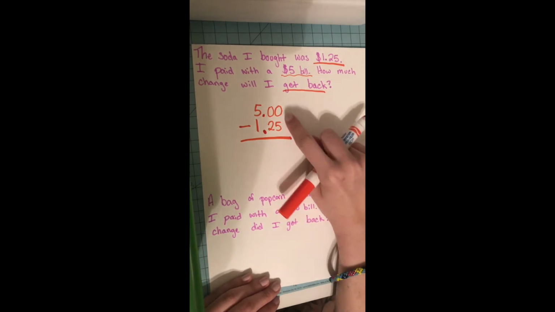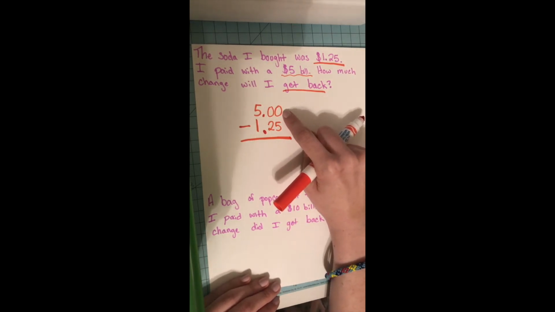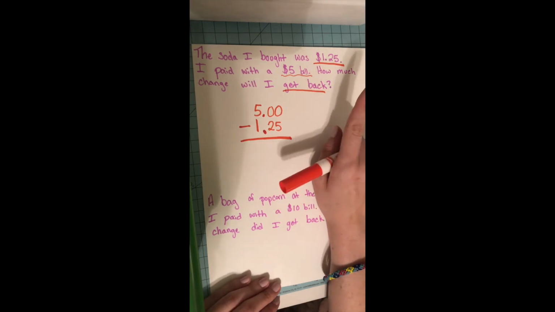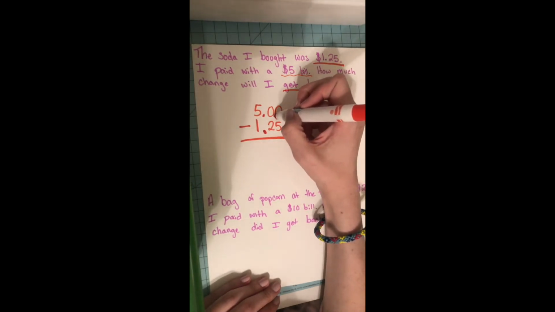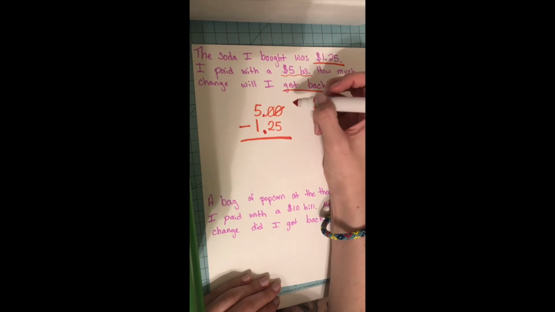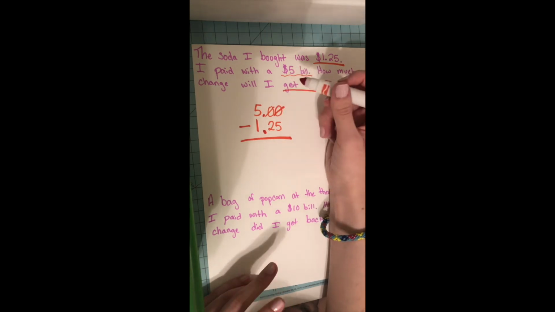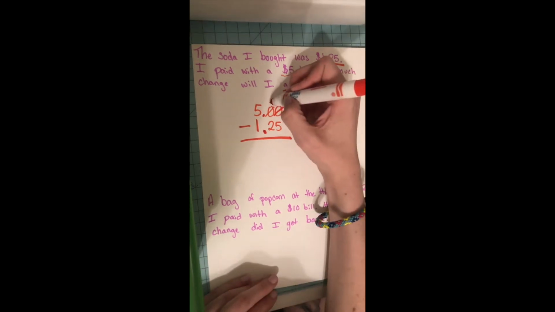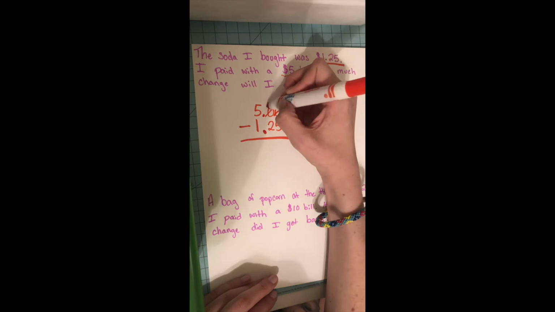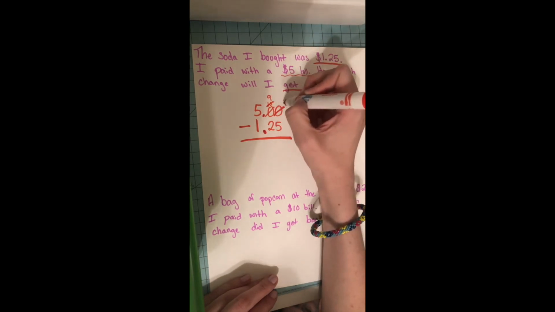Can we take 5 away from 0? No way. So we need to knock and say, please, may I borrow a 10? But do they have a 10 to give? No, so we need to borrow again. So if this was 10, we still have to borrow 1 from him.